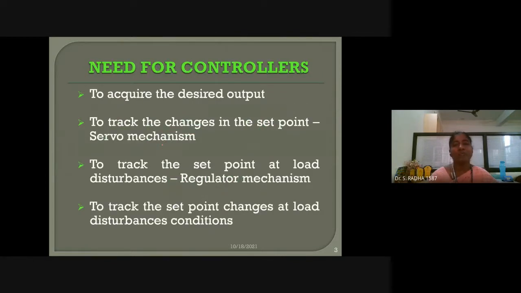So for what are we doing all this? To acquire the desired output. If our output is not satisfactory, to overcome the disturbances of load and regulator mechanism, we will put some controller in order to have control on the system and get the desired output.